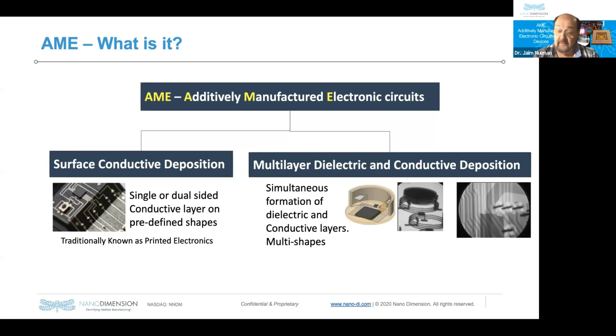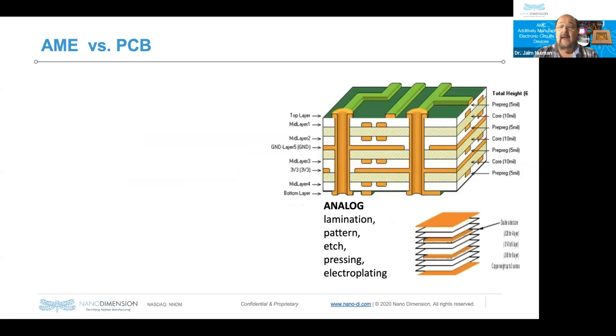That's just one example of what can be done here, from the traditional 2D, 2.5D into the type of 3D structures. So if we first try to understand the difference between the printed circuit board, the PCB technology, and the AME, as we know, the PCB is an analog process. It's a lamination, pattern, etch, pressing, and electroplating sequence of steps. A very complex process after all. It has evolved over many, many years, as we know.